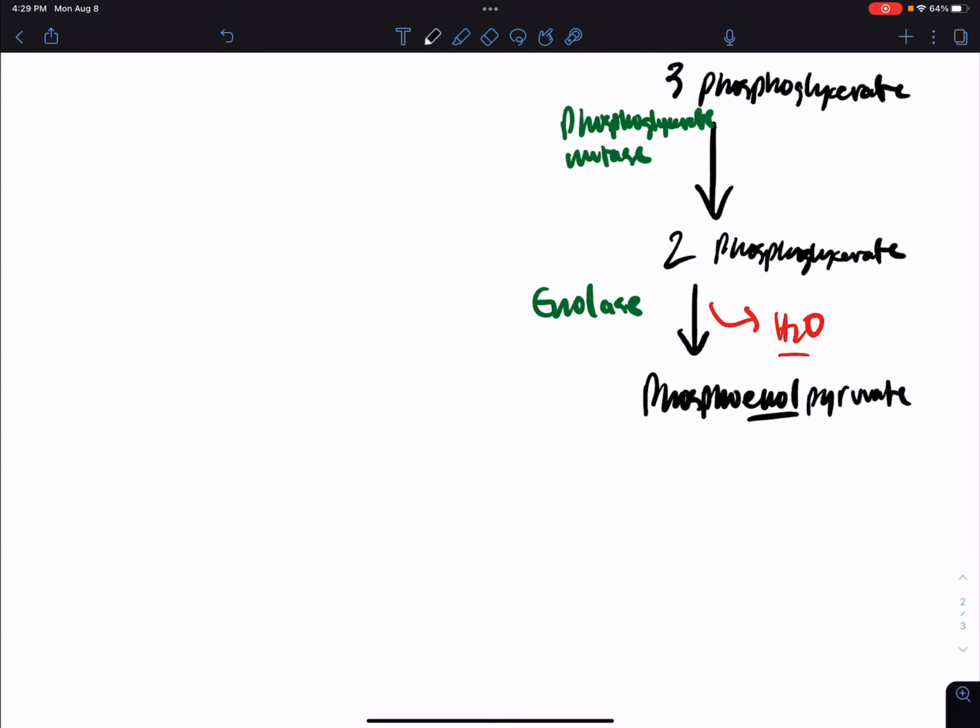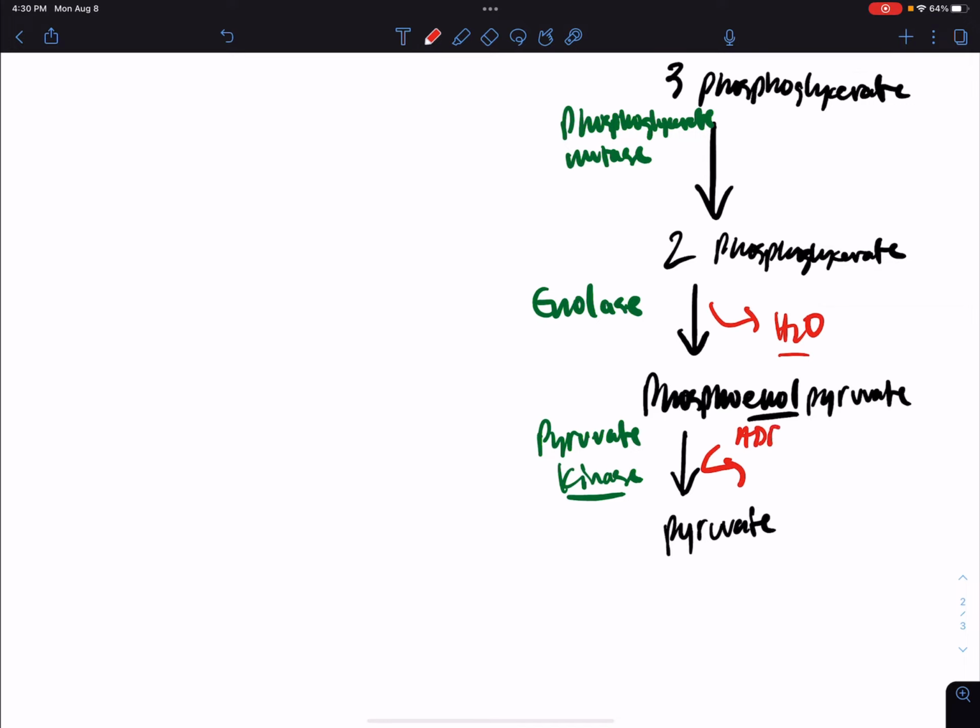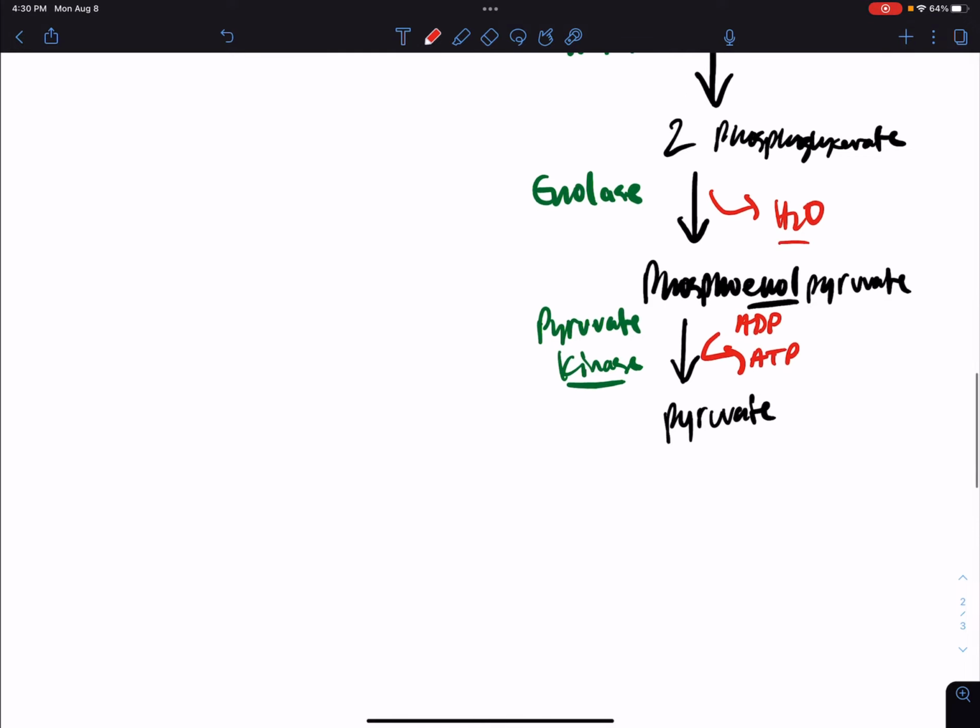And then from phosphoenol pyruvate, we're going down to pyruvate via pyruvate kinase. And if there's a kinase here, something's getting phosphorylated again, right? So we've got ADP coming in and tearing off a phosphate. So we've got an ATP that we're netting there as well, and it's going to be multiplied by 2.